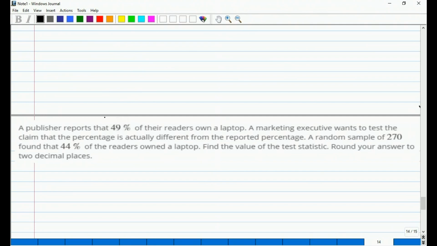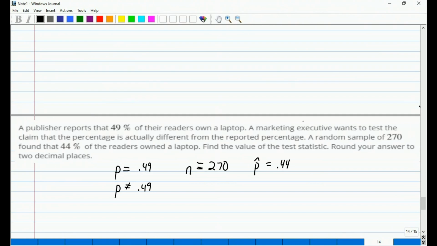But it wants to test the claim that the percentage is actually different. So this is p equals 0.49 and p not equal to 0.49. That's what that would mean if it's actually different. Random sample of 270 found that, and this is a sample proportion, so p hat, it found that 44% of the readers on the laptop.